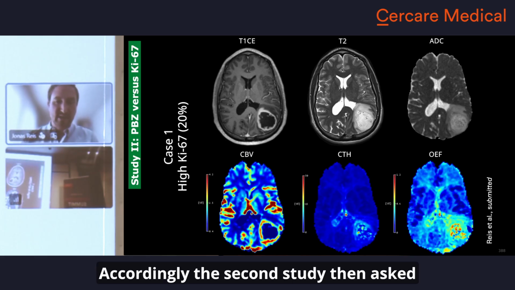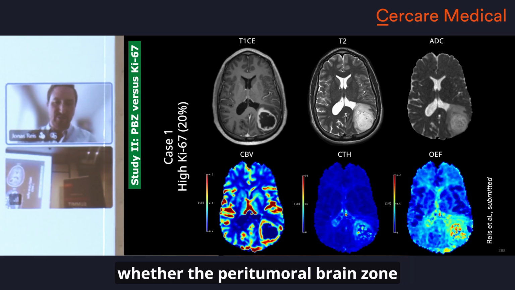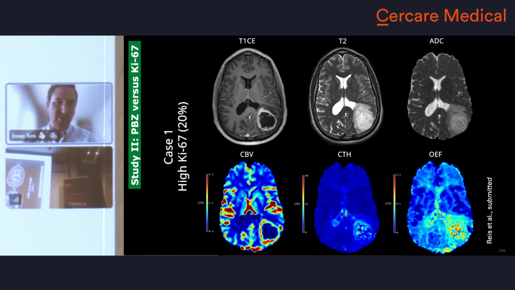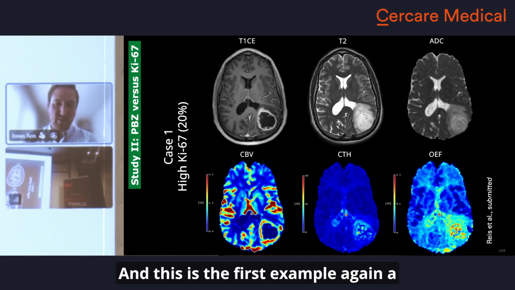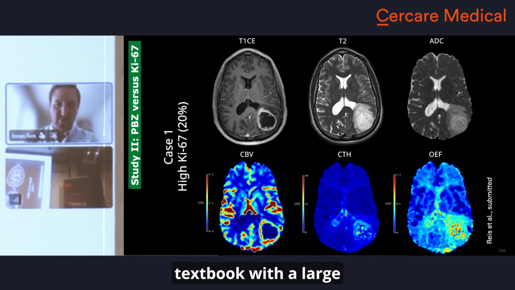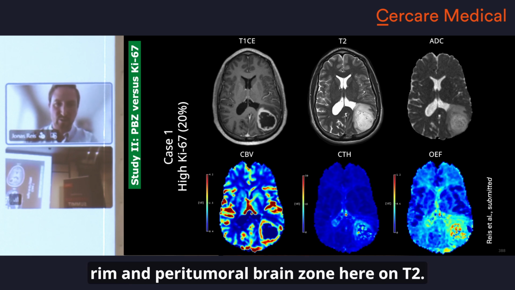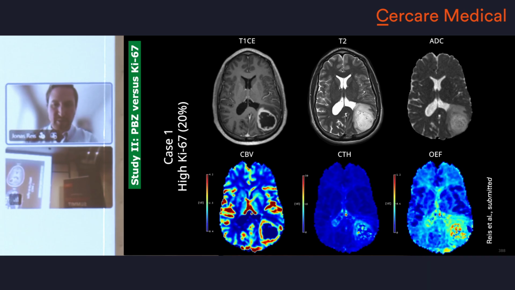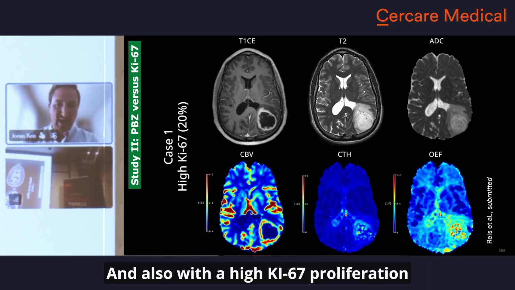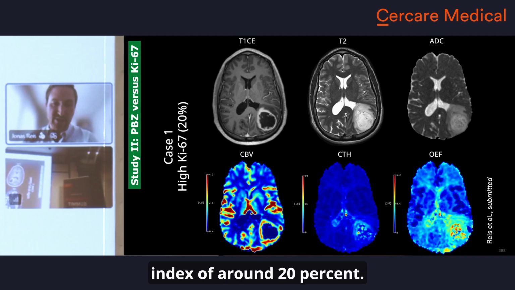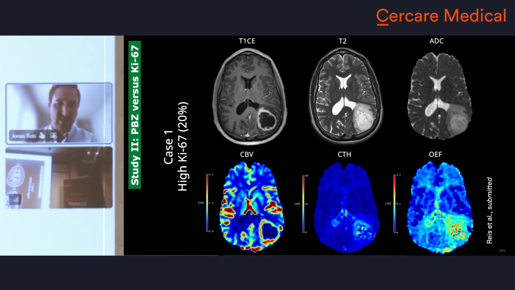Accordingly, the second study asked whether the peritumoral brain zone contains a biologically meaningful signal. This is a first example, again a textbook glioblastoma with a large necrotic core and enhancing rim and peritumoral brain zone here on T2, and also with a high Ki67 proliferation index of around 20%.